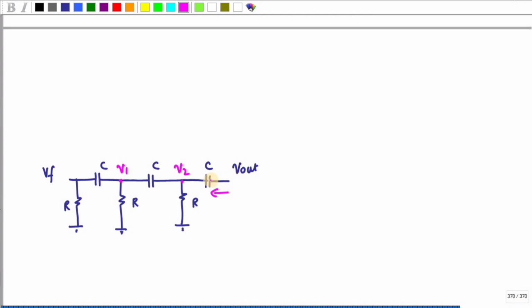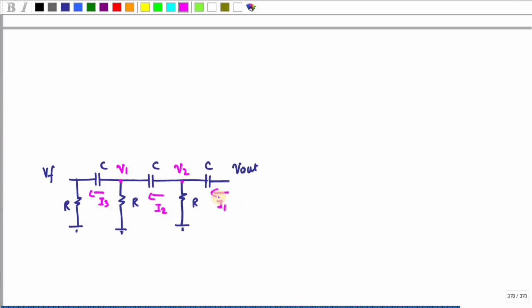I can write this as I1, this one is I2, and this one is I3. So what is my V1 value?